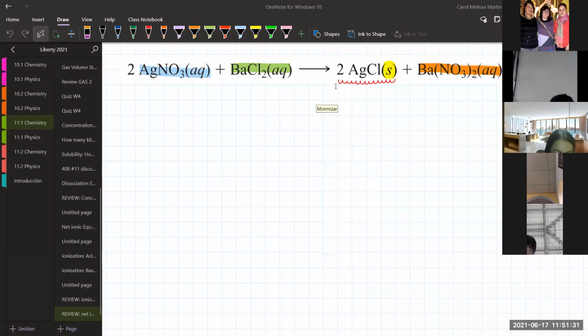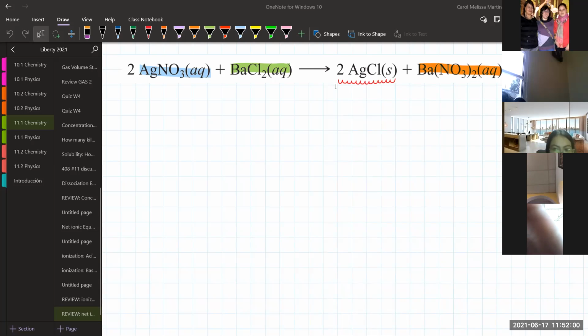The solid particles that remain in the bottom of the solution are not soluble. And those solid particles have a specific name. Do you remember the name? Reactant.